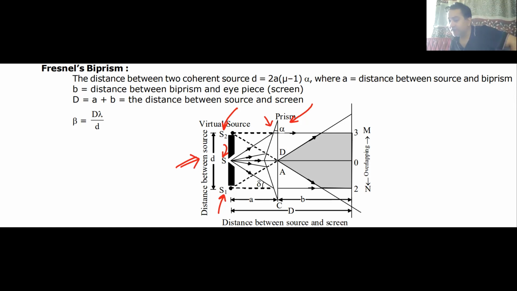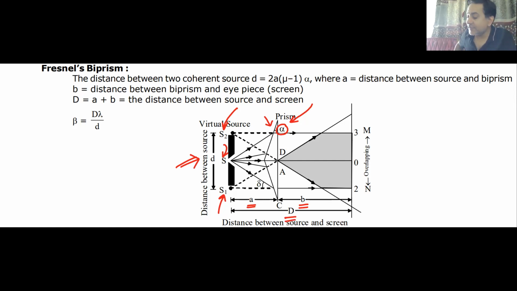What you need to remember in this formula, in this diagram, is the prism angle is alpha. The distance of the prism from the slit is a. Distance of the screen from the prism is b.